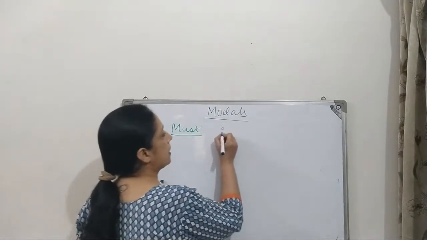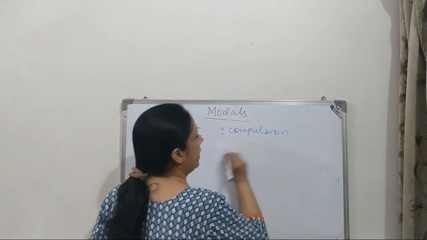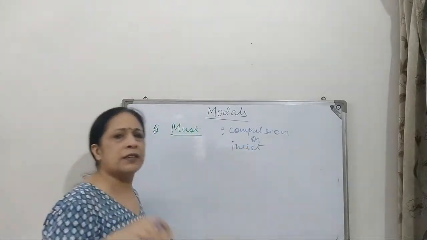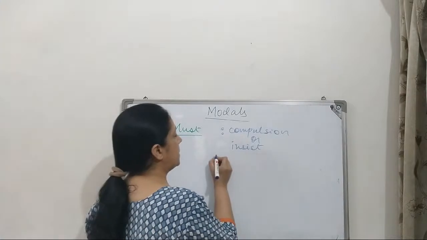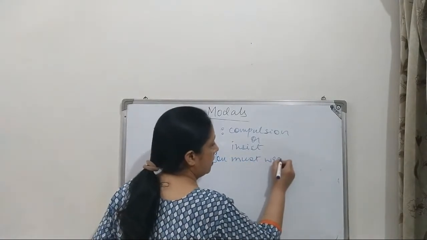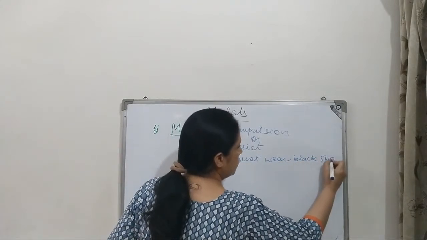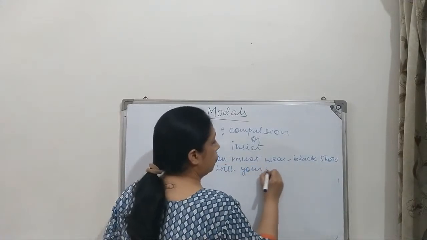Yes, it is compulsion. Or we insist. Insist also means when we force someone to do something. So what can be the examples? You must wear black shoes with your uniform.